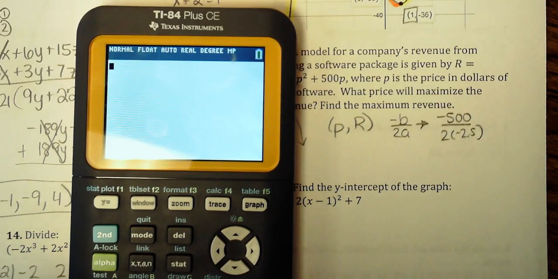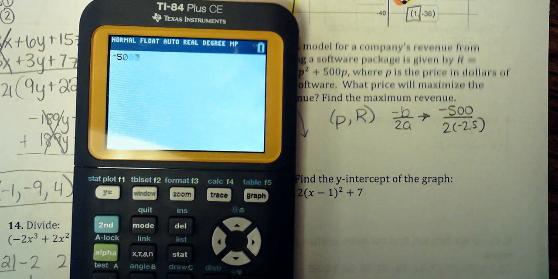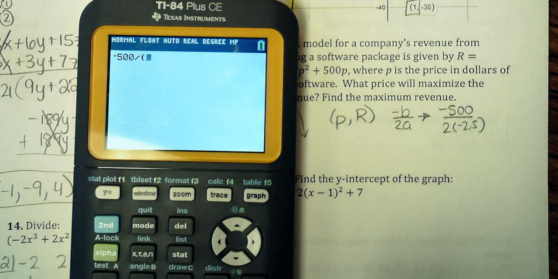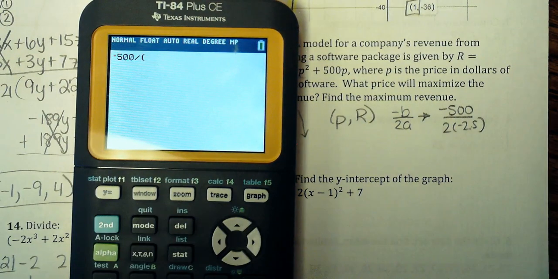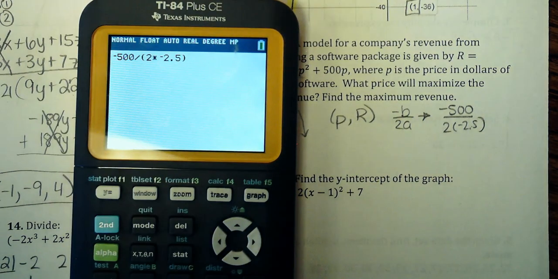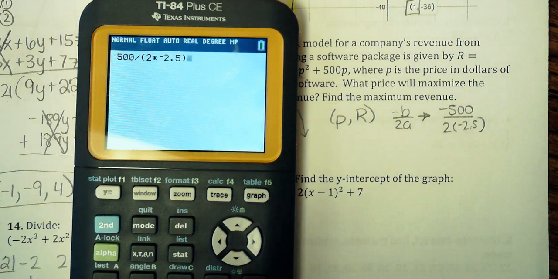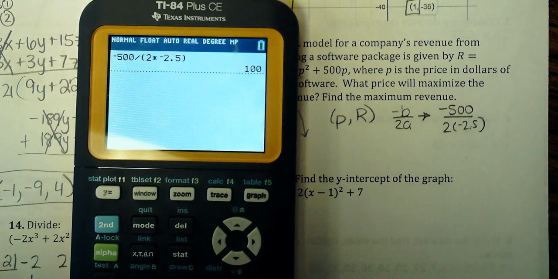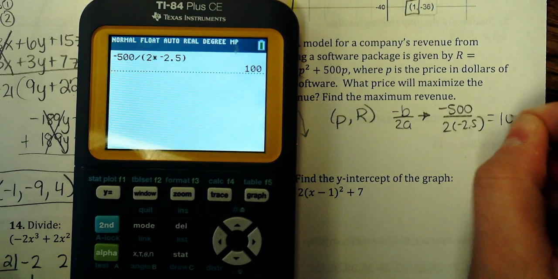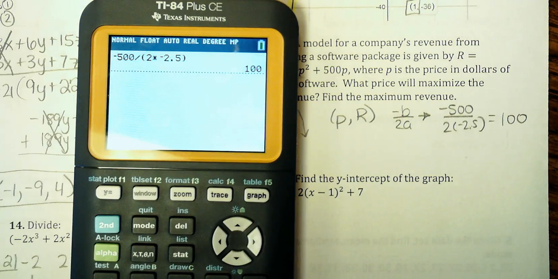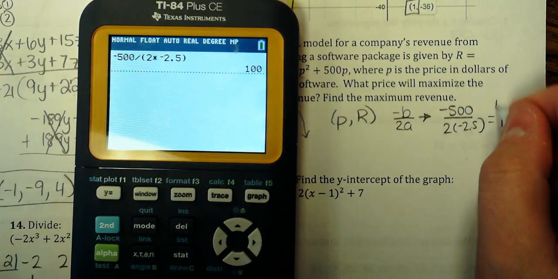If you're doing this question, I would do negative 500 and then divided by, I would put this in parentheses, 2 times negative 2.5, because I need to do that product first. If you don't put that in parentheses, it's going to divide 500 by 2 and then multiply the result, which is not what we want. So this should simplify to be 100.